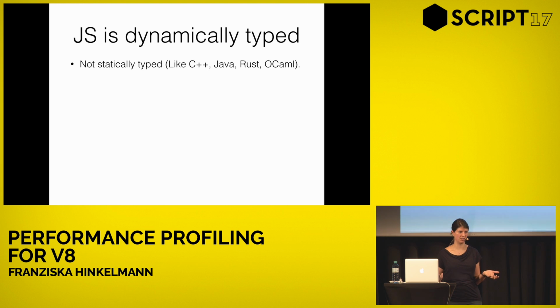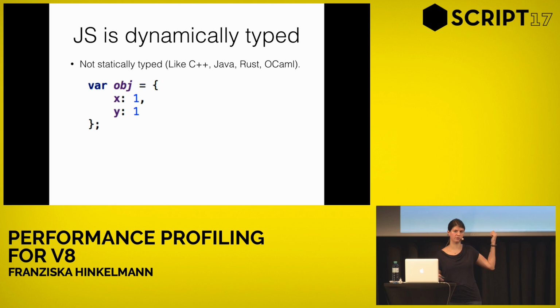In JavaScript, there is no such thing. You say var or let or const, and do something, and you can also change the type that this variable has all the time. And by types, I don't only mean the basic types like ints and strings. I also mean the type of objects, of more complex objects.